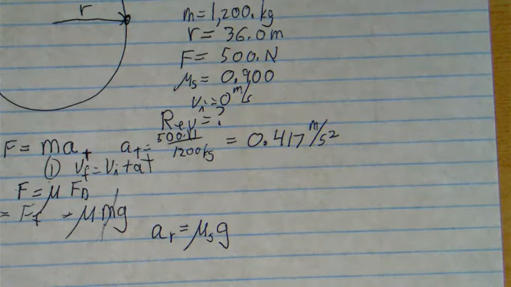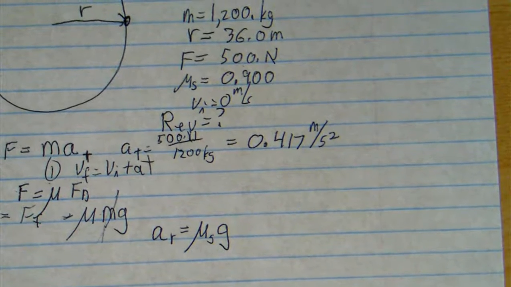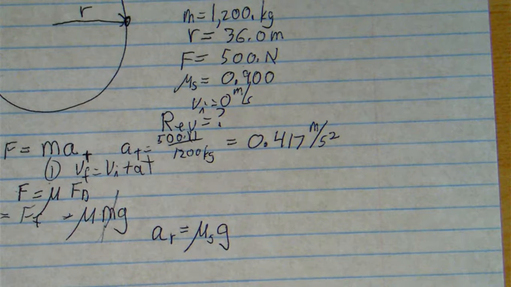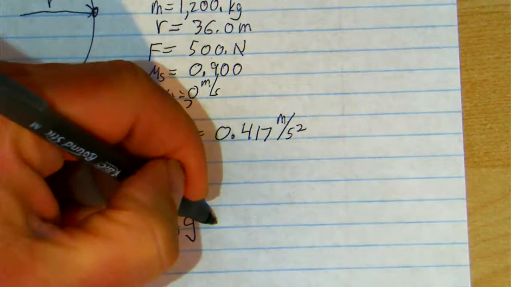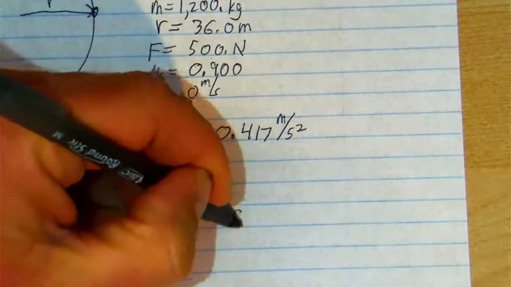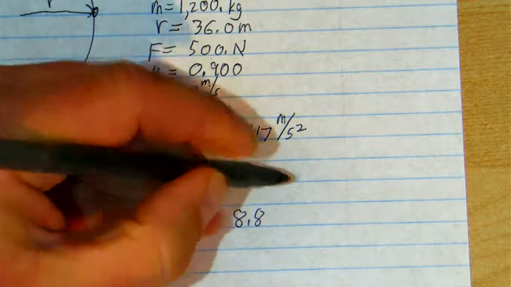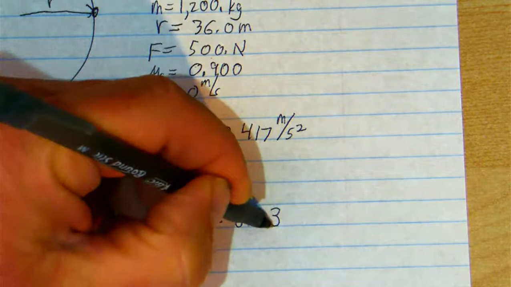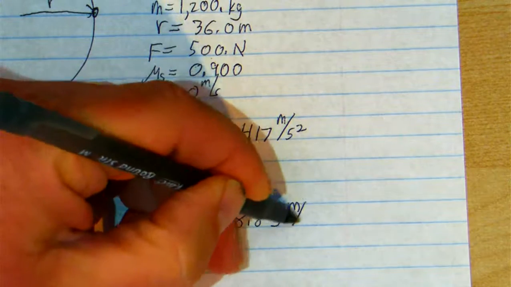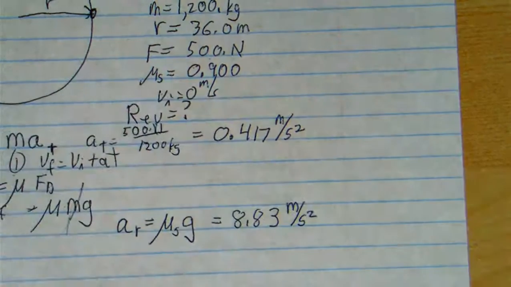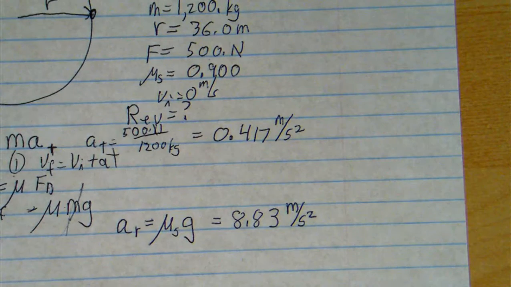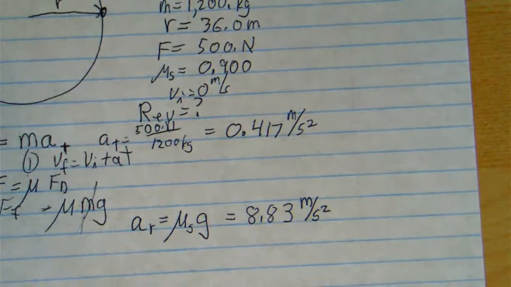And that would be 0.9 times g. Our textbook seems to be using a value of 9.81 meters per second squared. So if I use that value, I have 8.83 meters per second squared as the maximum radial acceleration sustainable by this car before it begins to slide.